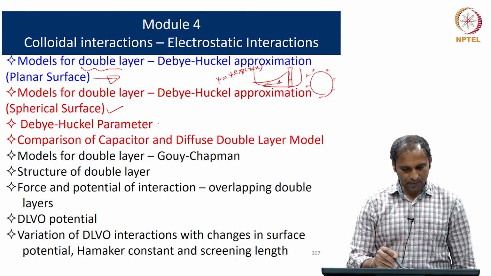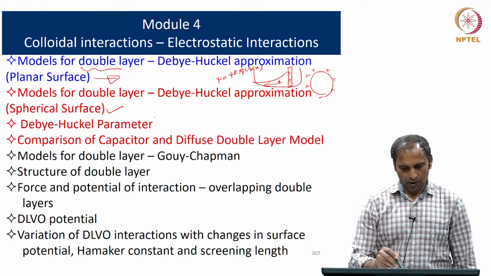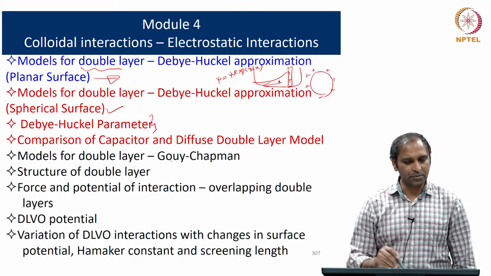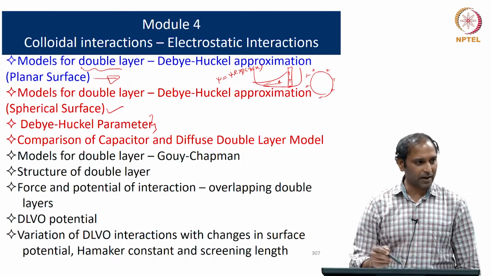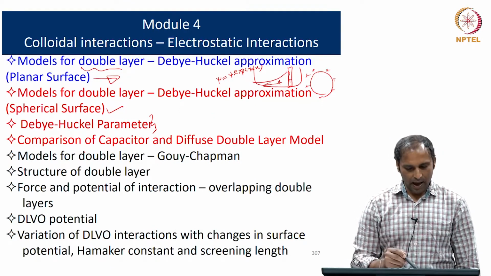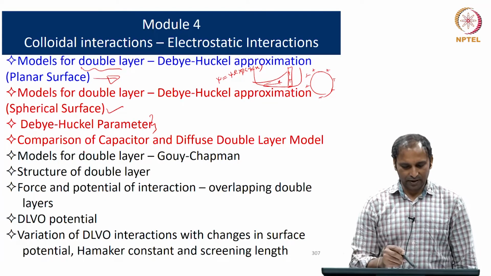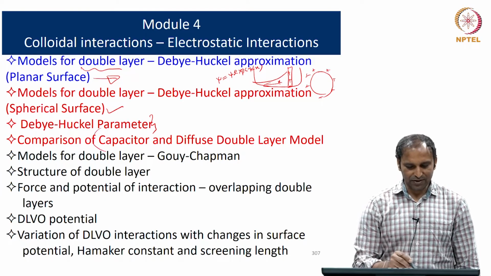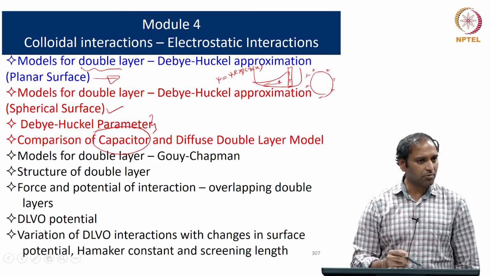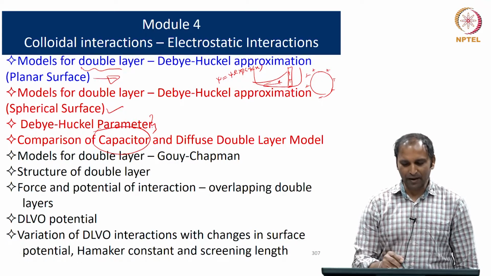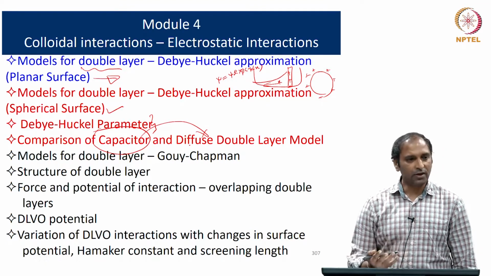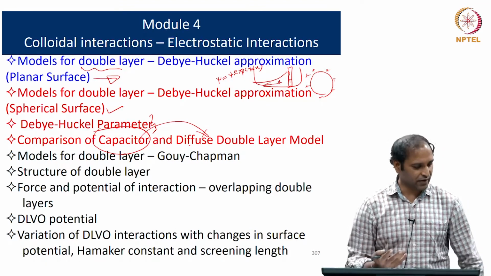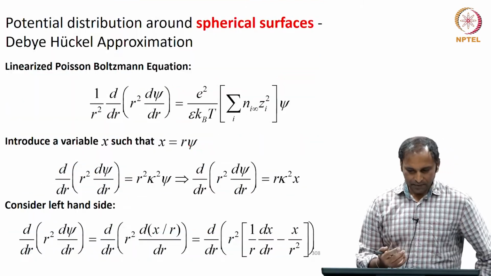Then we will talk about a parameter that comes out of all the analysis that we have done, what is called the Debye-Huckel parameter. Finally, we will try to compare the capacitor model, which I said is one of the most simple models that people have developed, with the diffuse double layer model, and by that comparison you can draw some nice inferences. We will discuss a little bit about that.